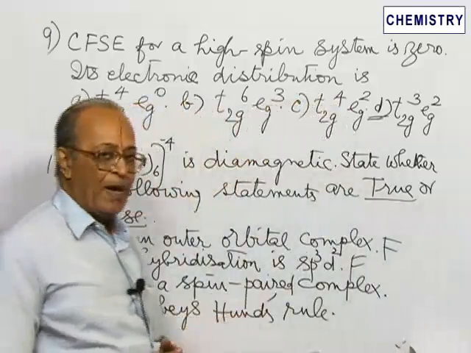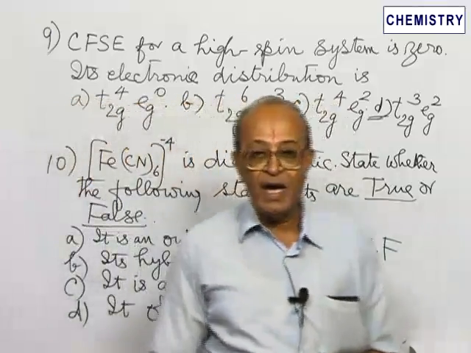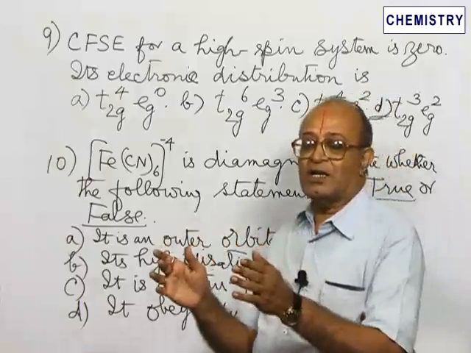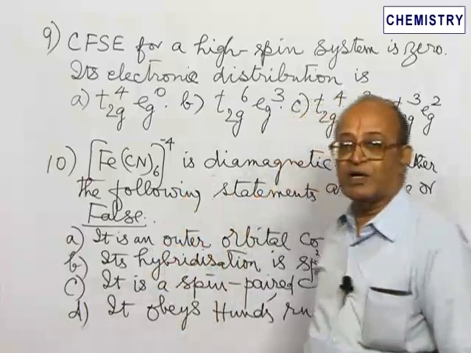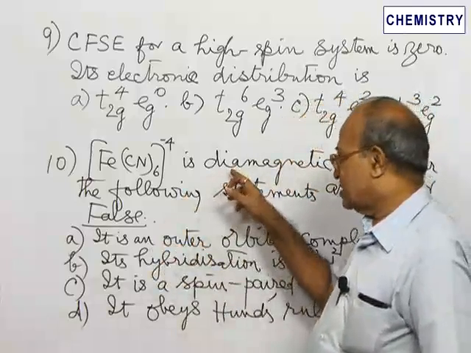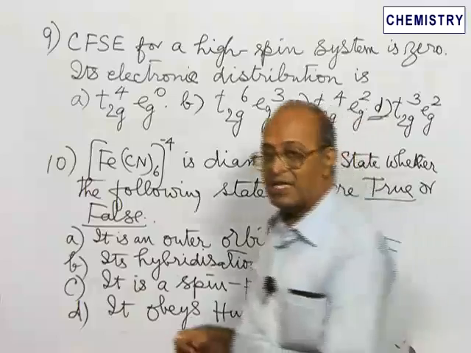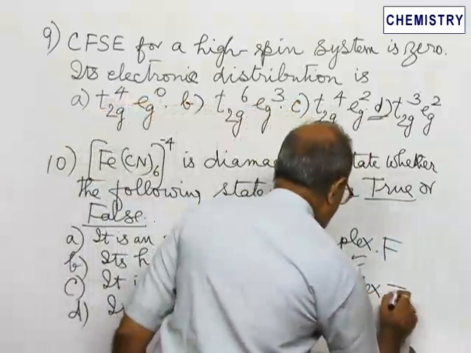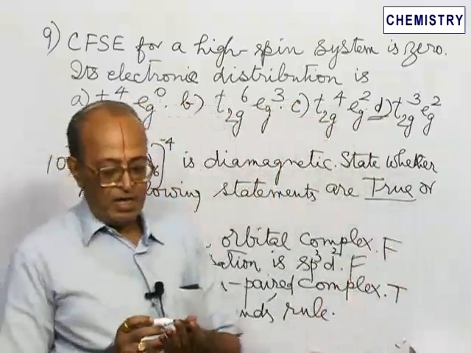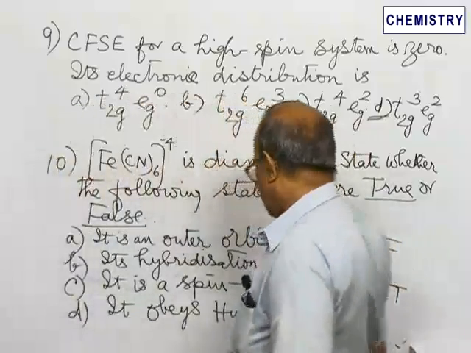One is a spin paired complex. Spin paired complex means all the electrons are paired. Then only it will be diamagnetic. So, since it is diamagnetic, it is a spin paired complex, it is true. Third option is true. What about the fourth one?